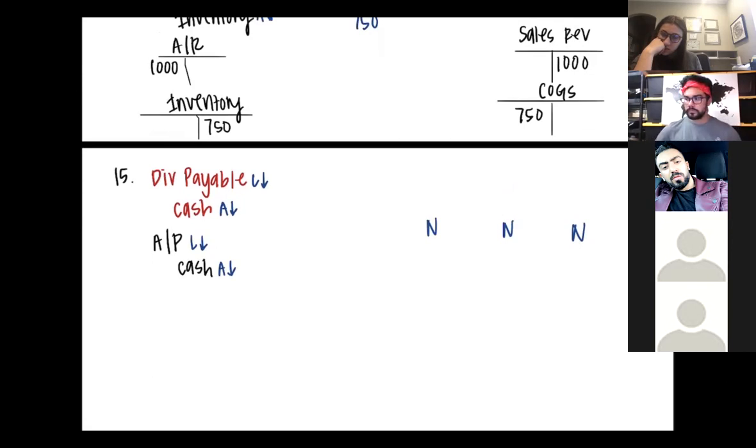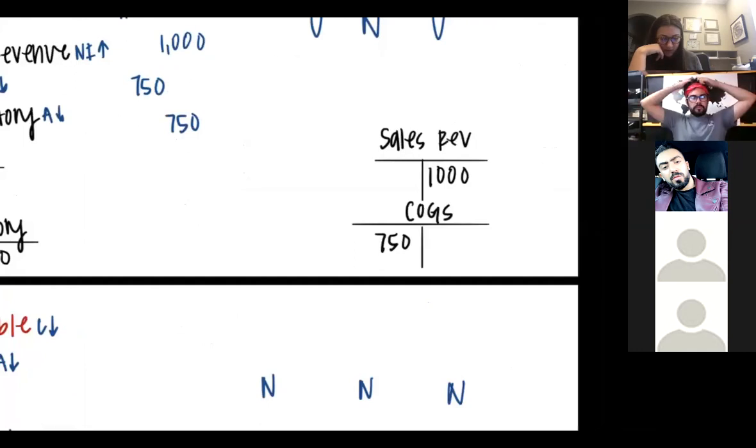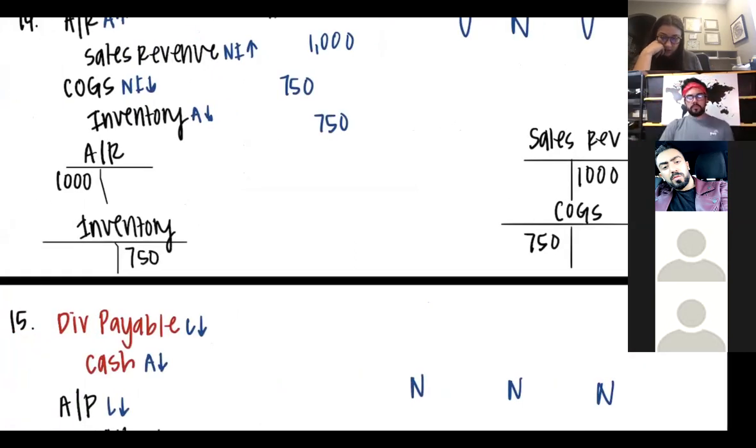Make a box around 1,000, so we know the normal balance of the revenue account.